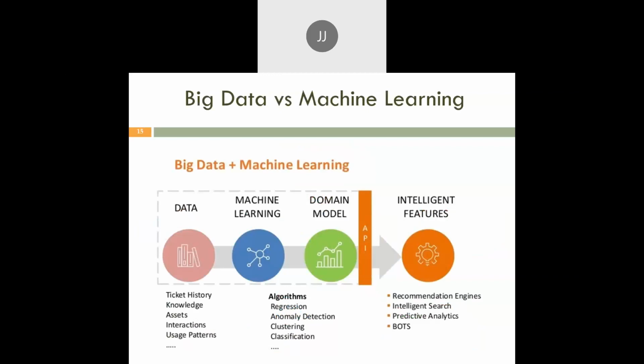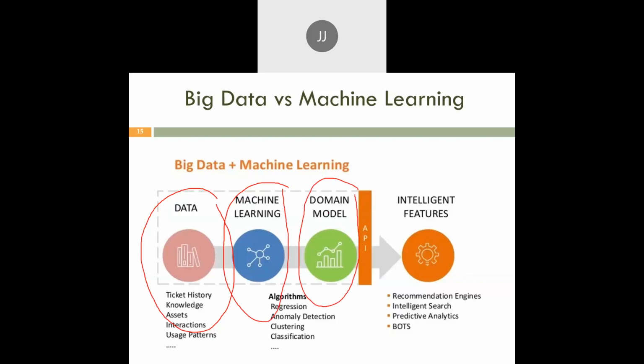Okay, so when we talk about big data versus machine learning, of course big data is separate from machine learning. We have our data here, and we also have the methods of machine learning, and we also have the domain. The domain could be agriculture, education, health, and many more.